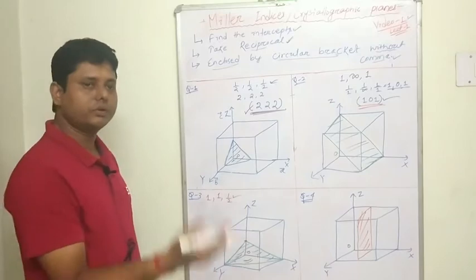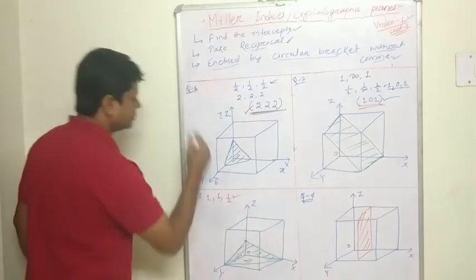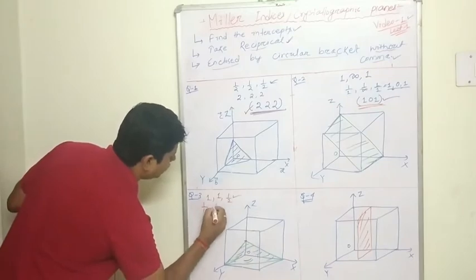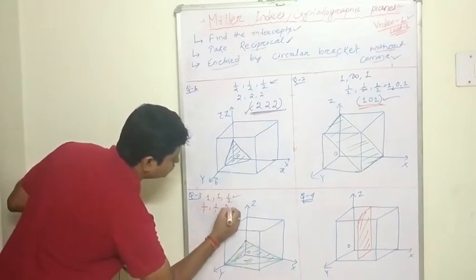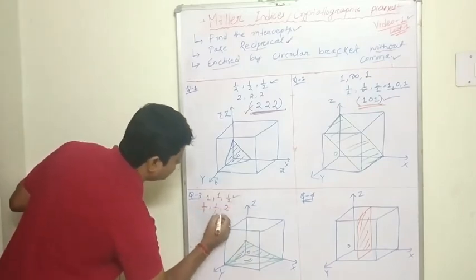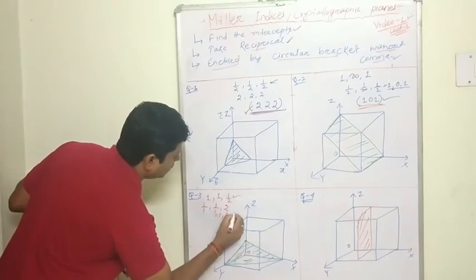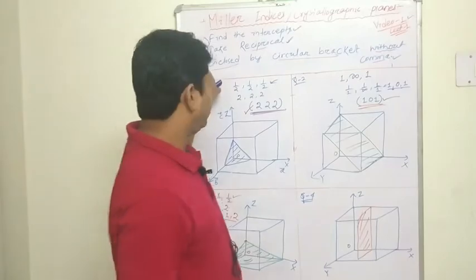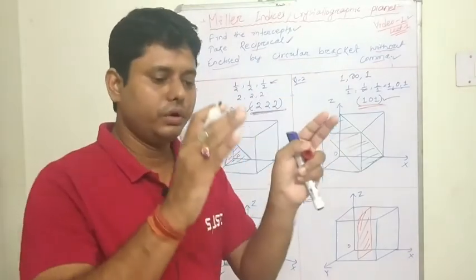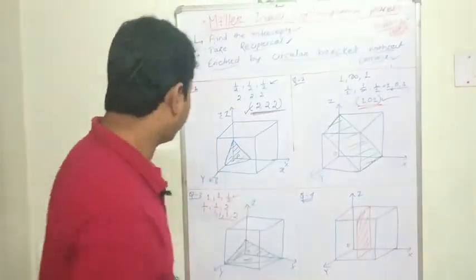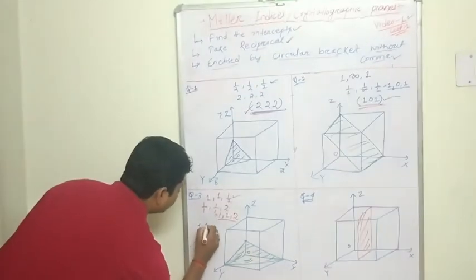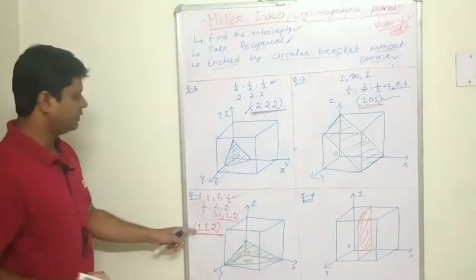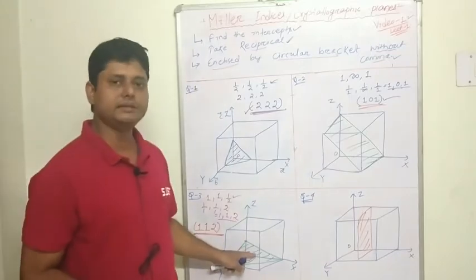Now we take the reciprocal by considering step 2, that will be 1 by 1, 1 by 1 and 2, which equals 1, 1, 2. Considering the third step, we put the brackets without commas. It will be (1 1 2), which represents the Miller indices of this plane.